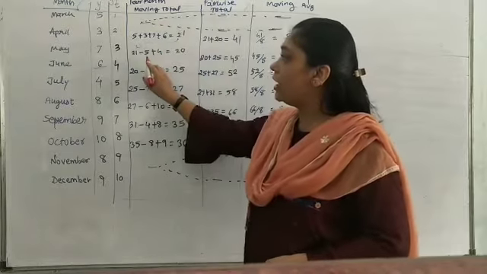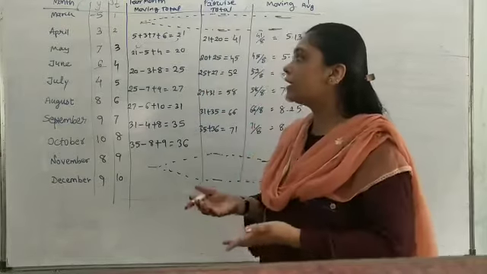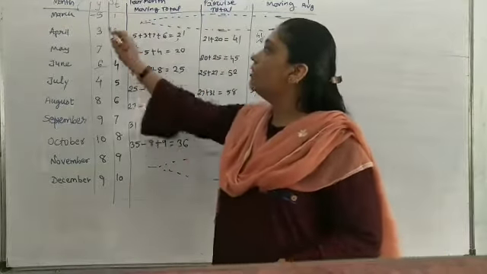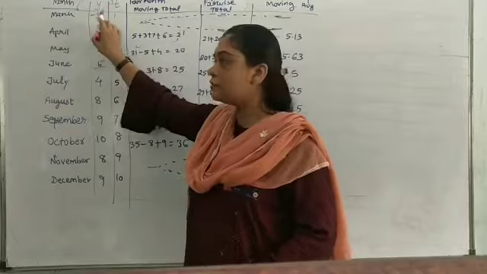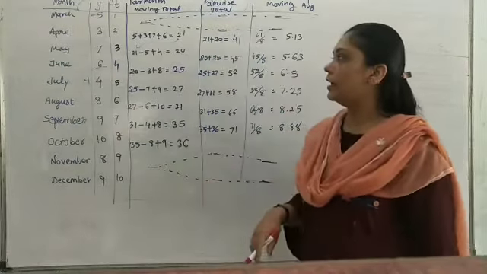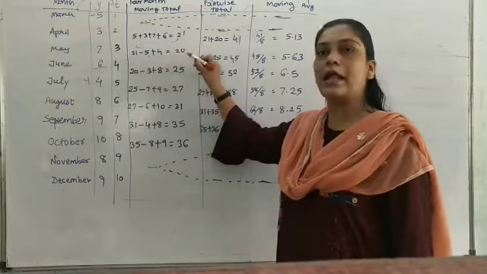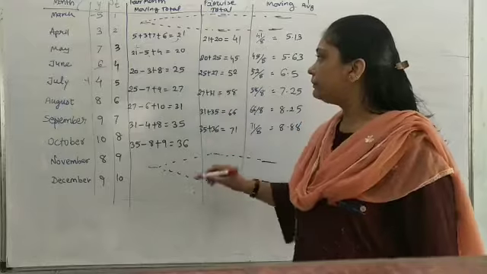What will you do? The 5th one as usual, and then add what? The 5th number. This 5, the first month, you have to subtract, and the fifth month, which is your 4, you have to add. Understood? So 21 minus 5 plus 4, answer will be 20.